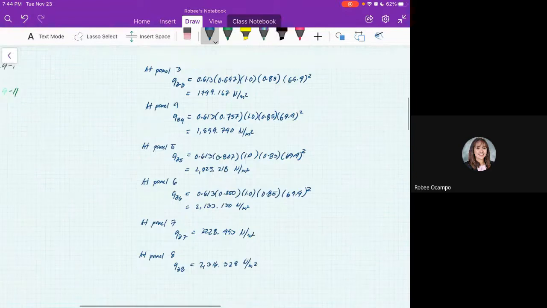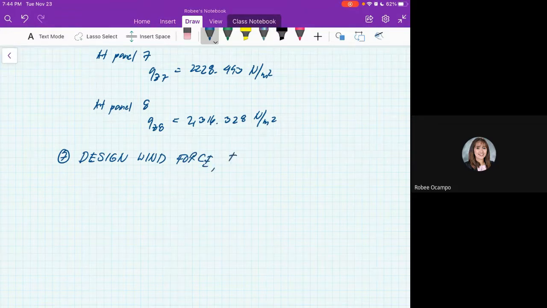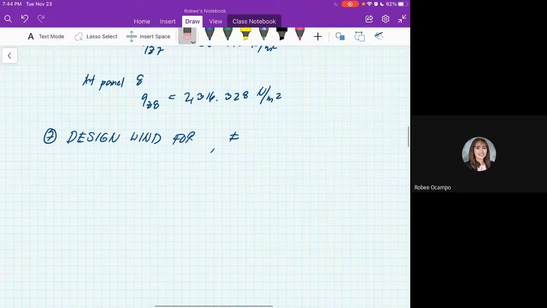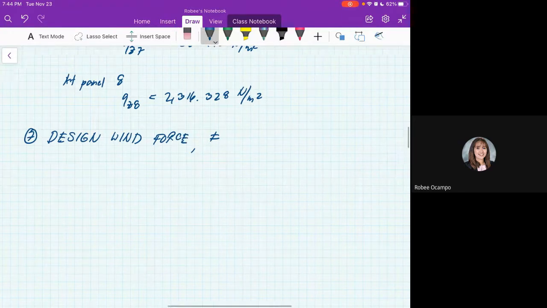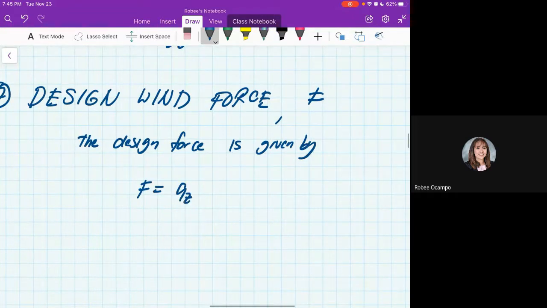Okay, so this is step 7. For step 7, we can now compute the design wind force F. The design force is given by F equals QZ times G times CF times AF, of course in Newton.